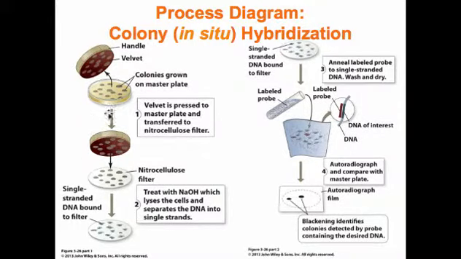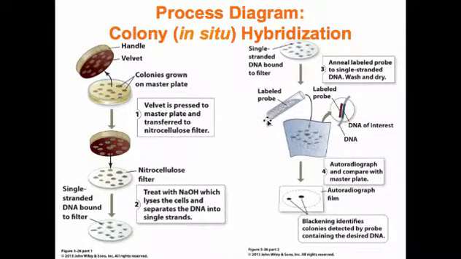And we stamp our stamp into the colonies, and part of that bacteria will be transferred onto our stamp. We then take our stamp and we stamp it onto nitrocellulose, so that's like a paper filter that will anneal the DNA. We lyse the bacteria so that we're left with DNA bound to our nitrocellulose.